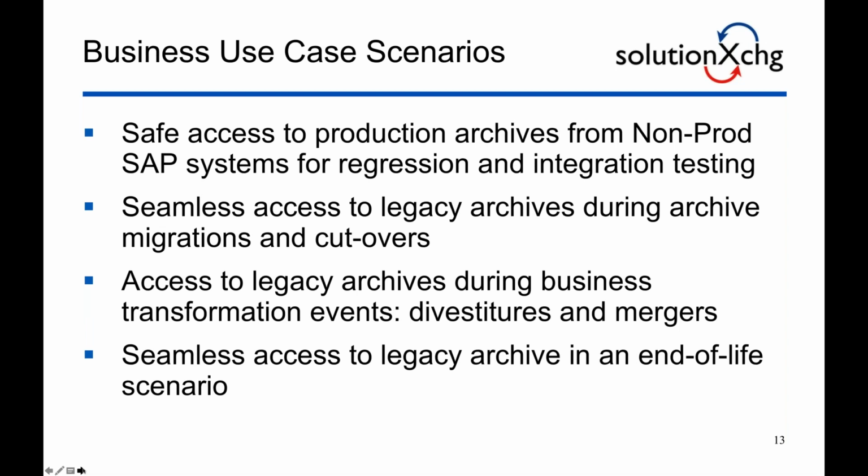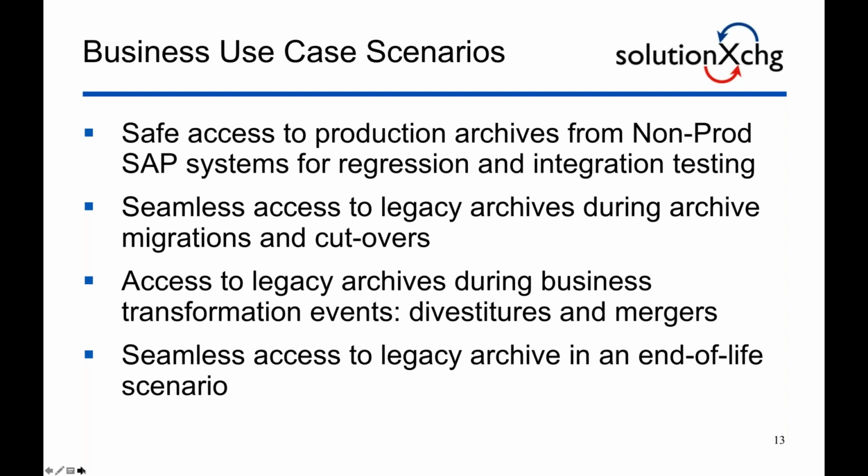I mentioned earlier that there are several business use case scenarios for this functionality that the ACC provides. Obviously, what we've showcased today is the safe access to production archives from non-prod SAP systems for any type of testing.